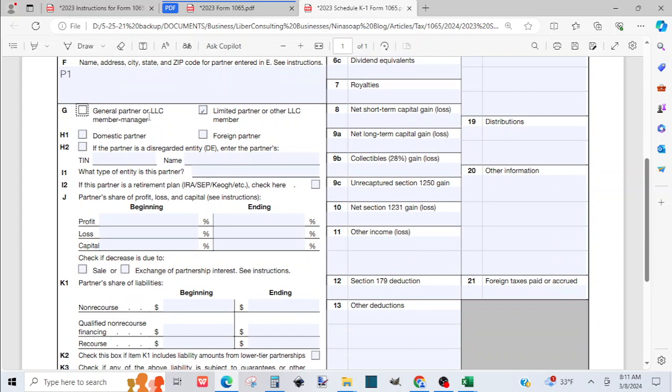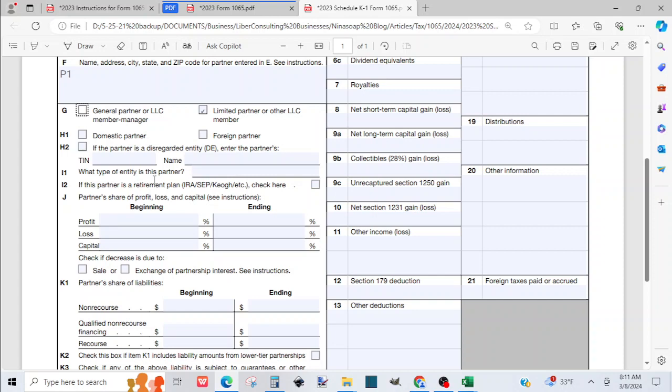I do have a 1065 for a business of ours, but it's a passive type of business. Therefore, it's easier to just check the limited partner on it. Okay, so let's see what else do we have here.